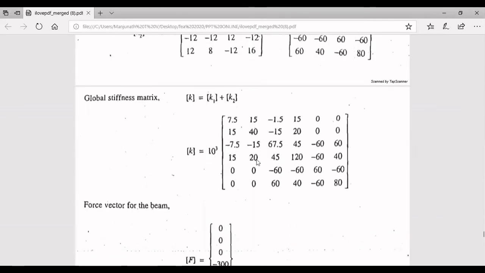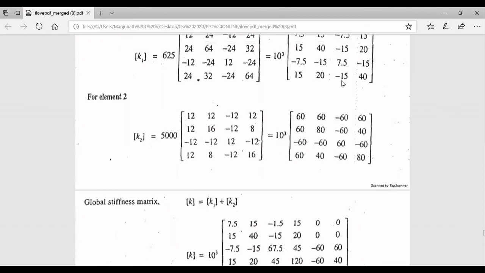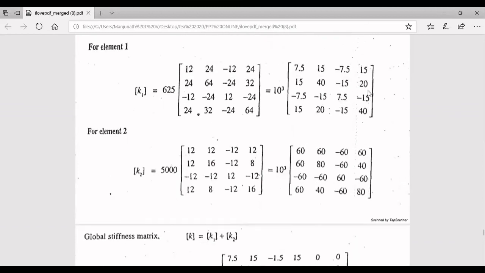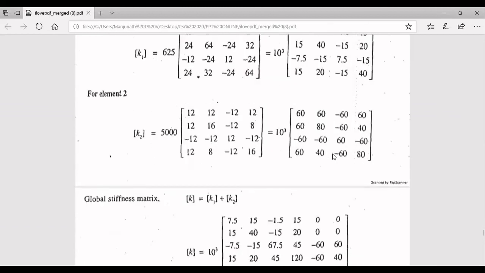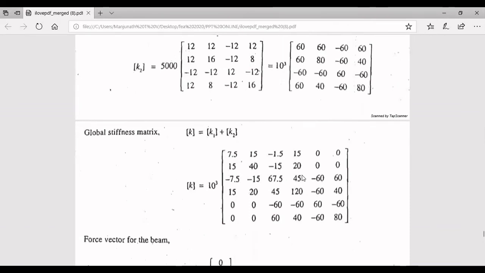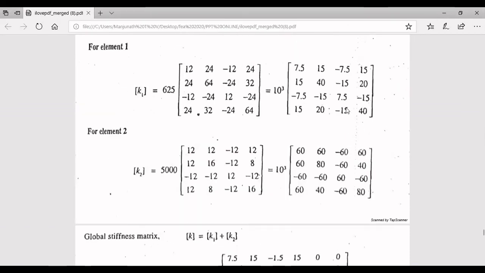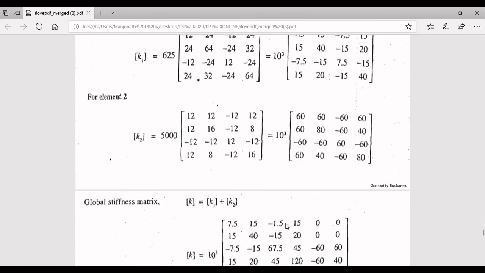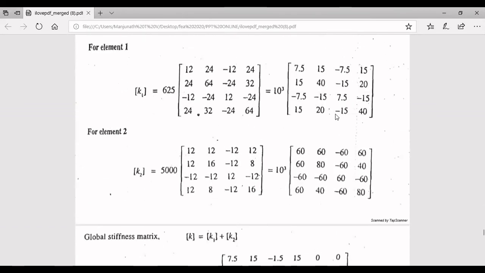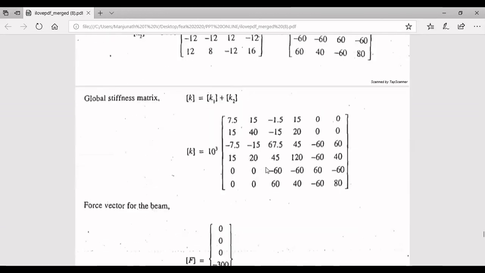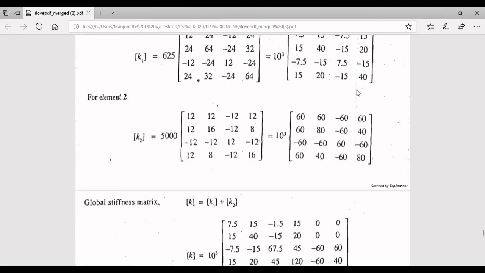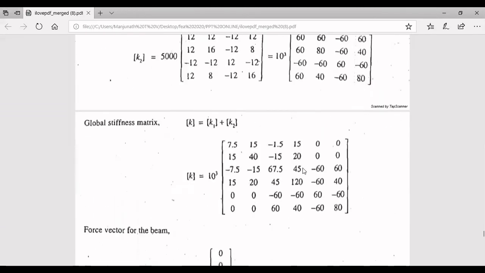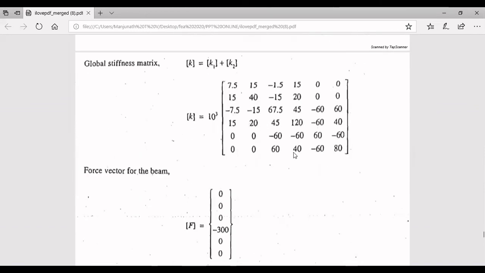Just 10 to the power of 3 is common for both elements. For assembling, only these 4 coefficients are going to be added. The remaining coefficient values remain the same, so 60 plus 7.5 gives 67.5, then minus 15 plus 60 gives 45, then minus 15 plus 60 gives 45, then 40 plus 80 gives 120. Then the remaining coefficient values we keep as they are.